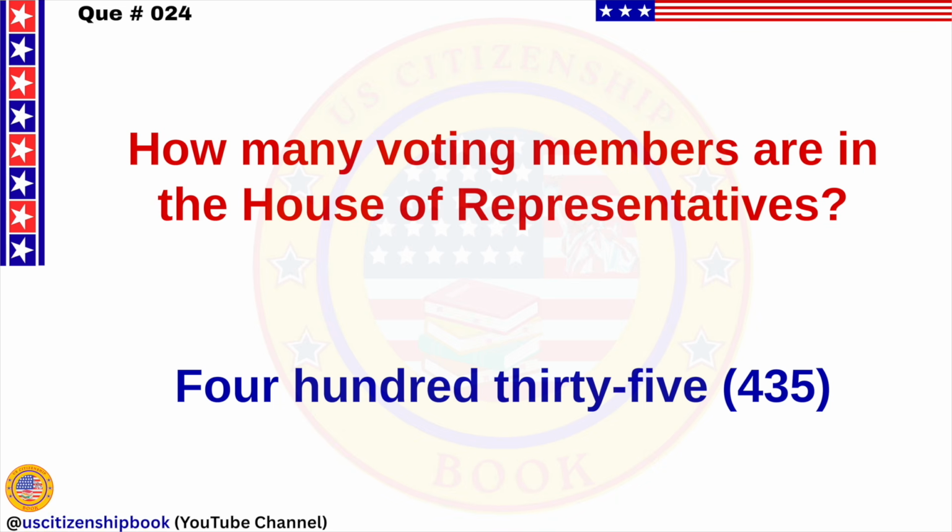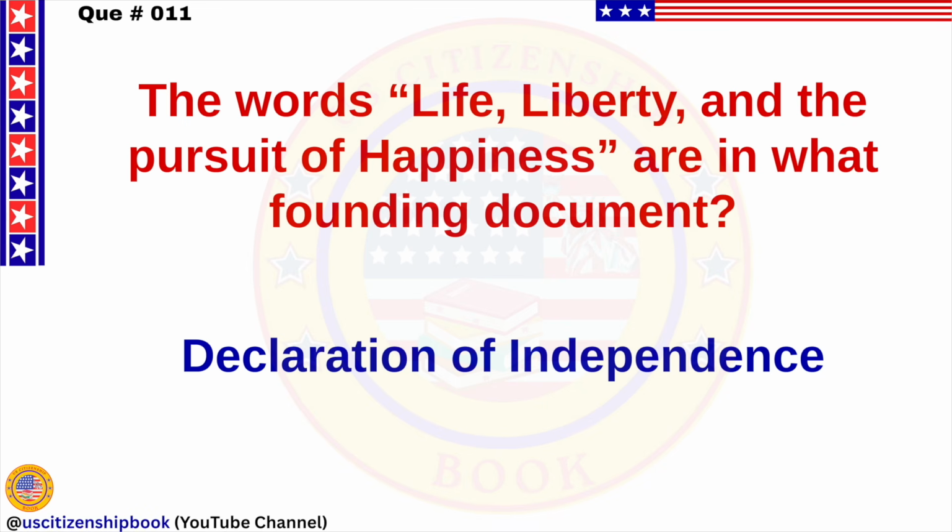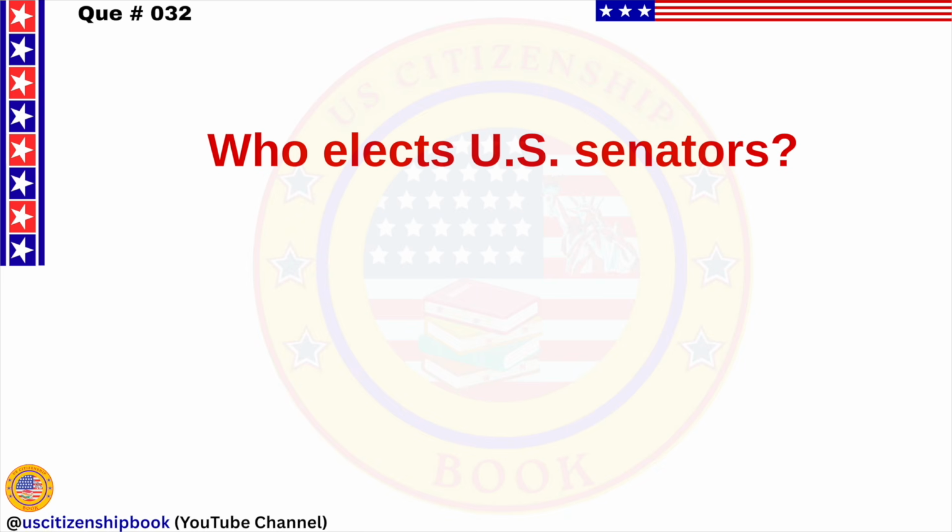$435. The words life, liberty, and the pursuit of happiness are in what founding document? Declaration of Independence. Who elects U.S. senators?